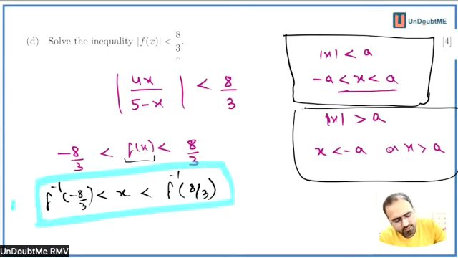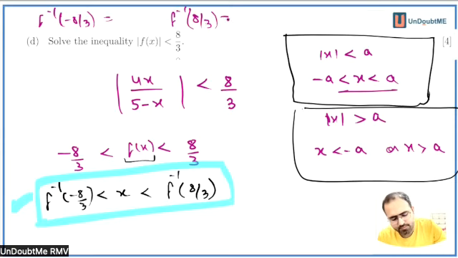We already have f inverse of x with us, so we have to find that value, and from there we can get the answer. So all you need to do is find f inverse of minus 8/3. Find f inverse of 8/3.